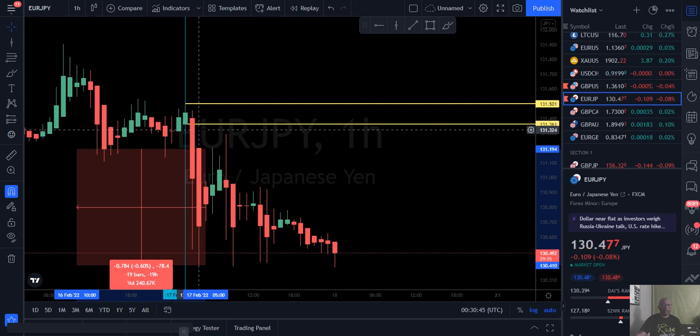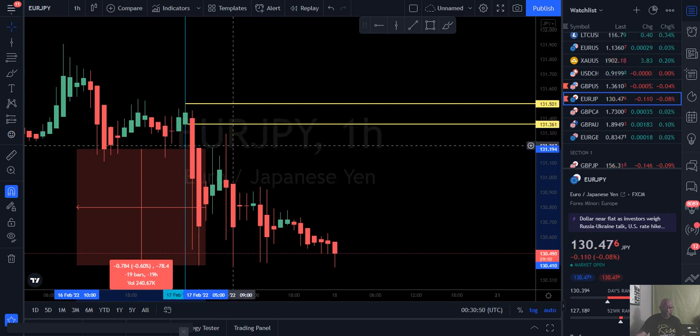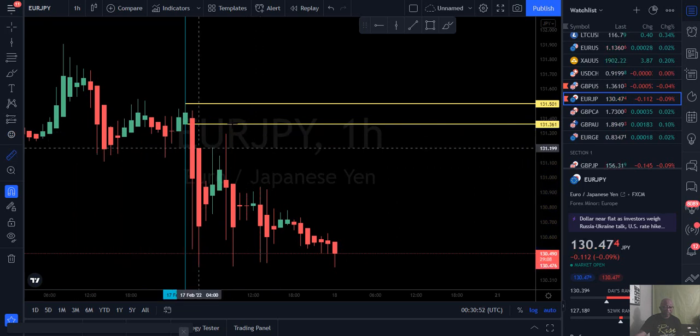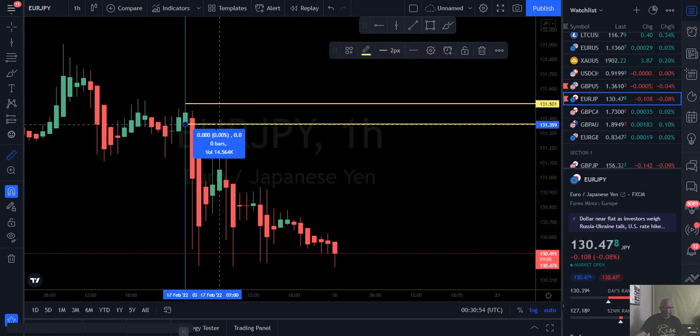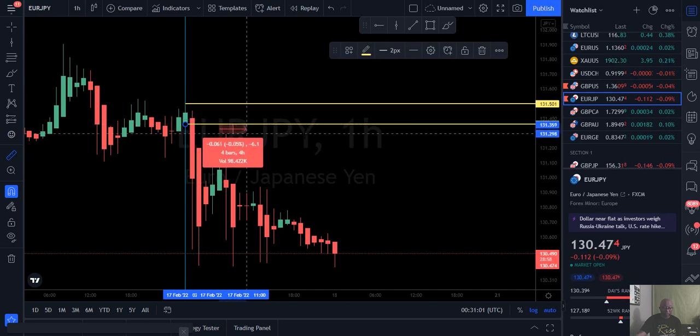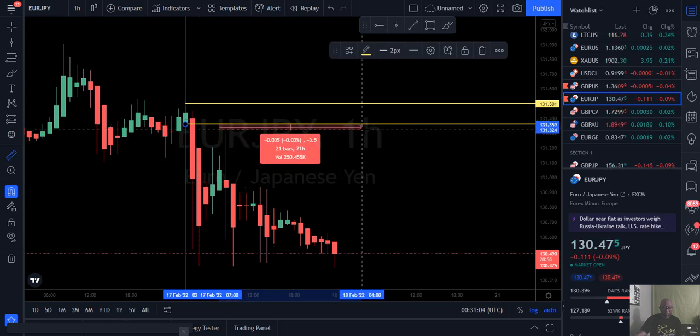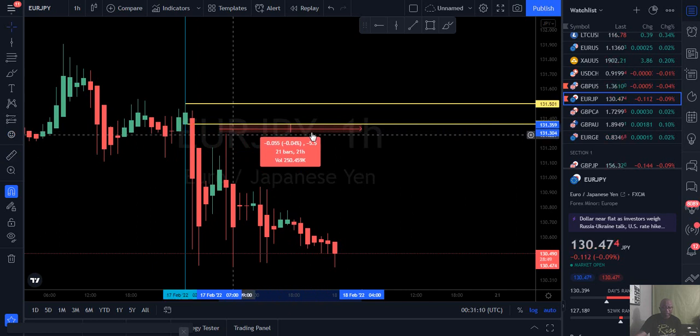If it starts outside the box, it has to be within 5 pips of this line. Just to give you an idea, it would have to close within 5 pips of that line and begin to come down.